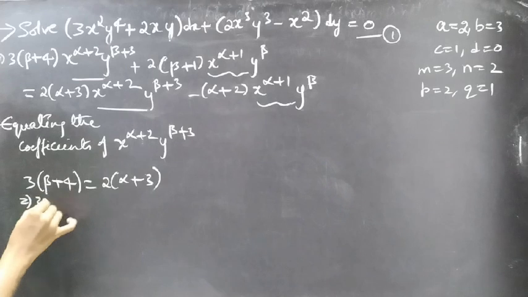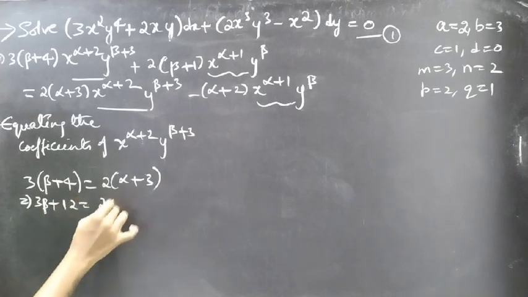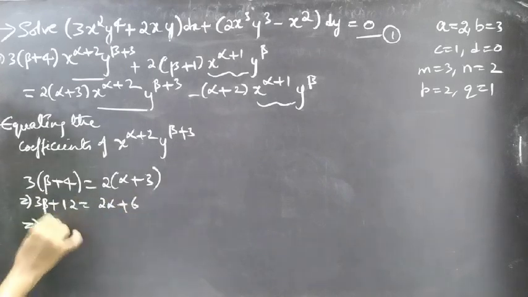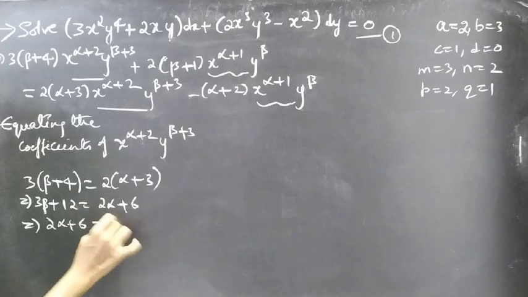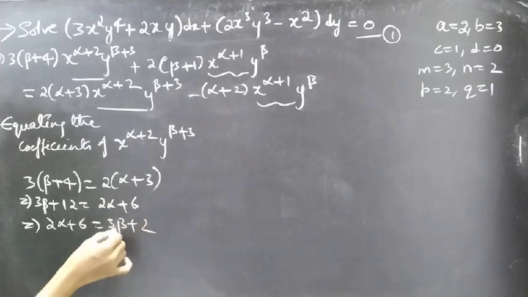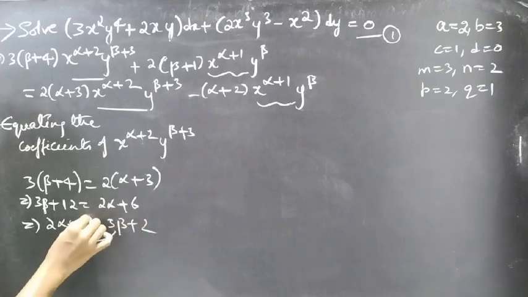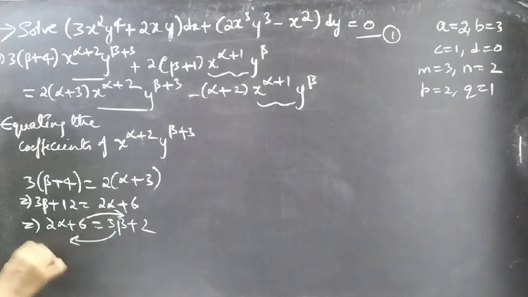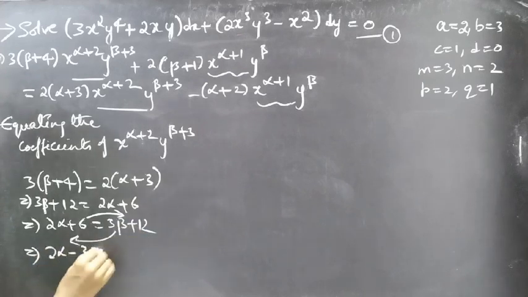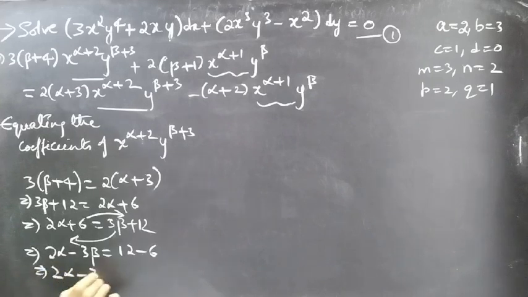Which gives us 3β+12 equal to 2α+6. Now bring this 3β to LHS and take this 6 to RHS. We'll get 2α minus 3β equal to 12 minus 6, which is 6. Consider this as equation number A.